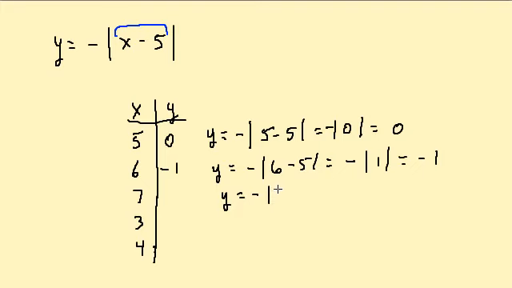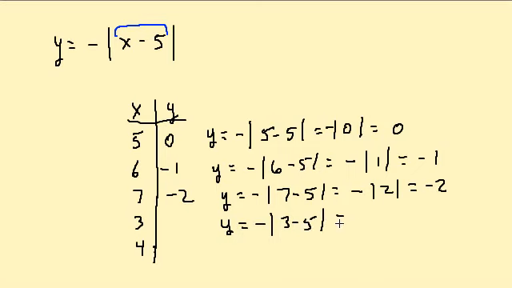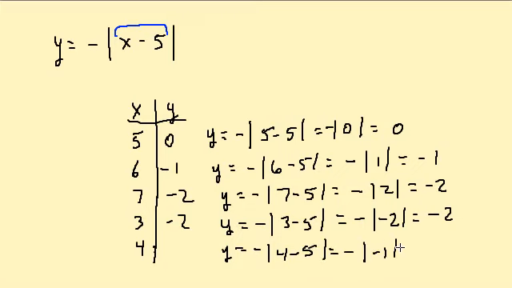Then y equals negative absolute value of 7 minus 5, which is negative absolute value of 2, which is -2.